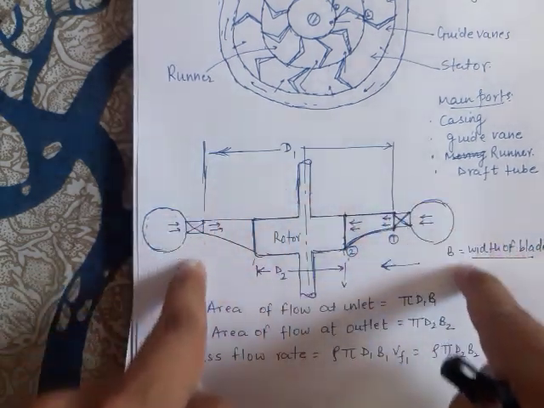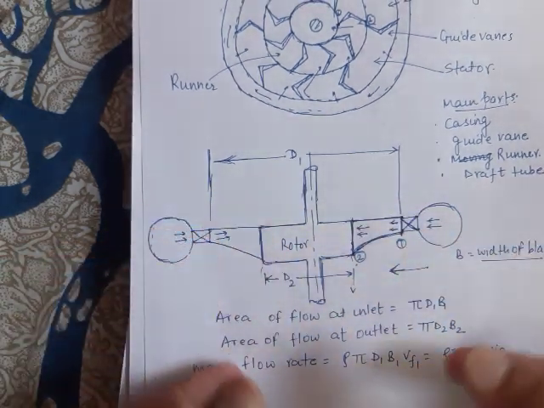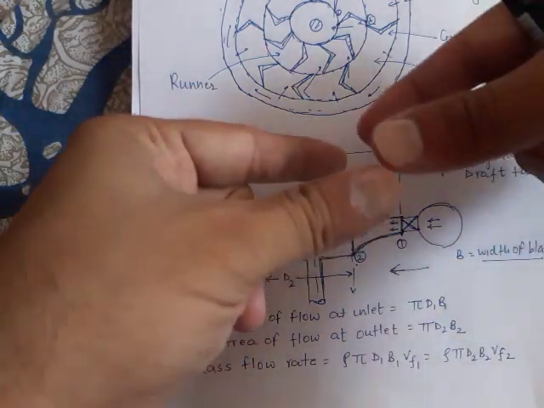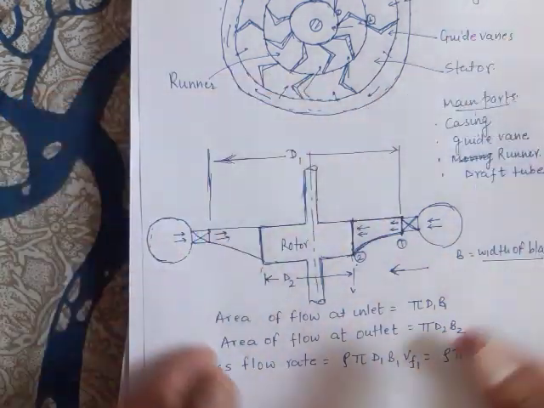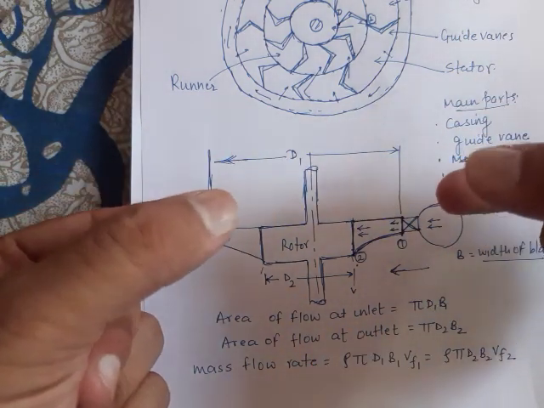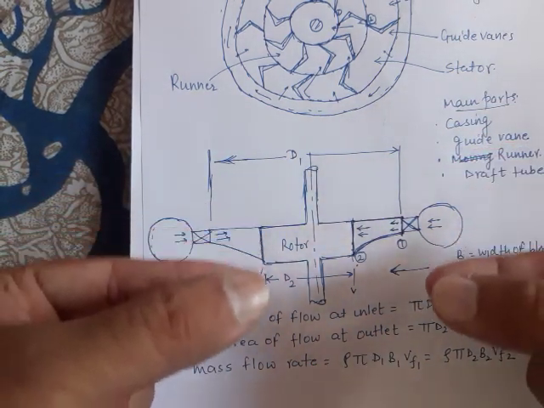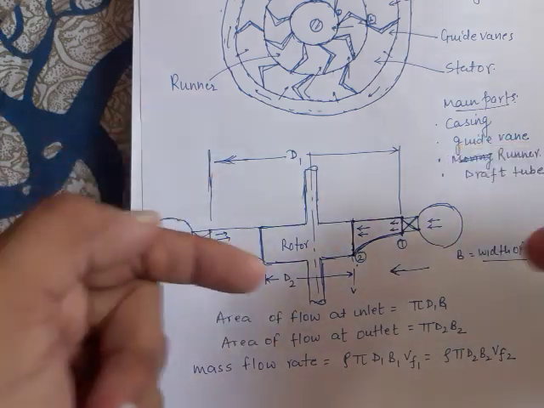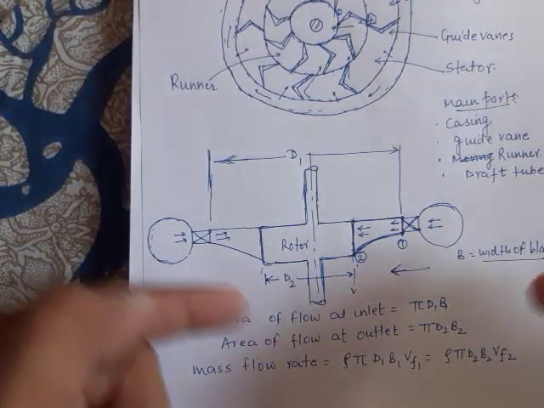You have to assume a ring of diameter d1 and of thickness b1, so there is circumferential admission of water.